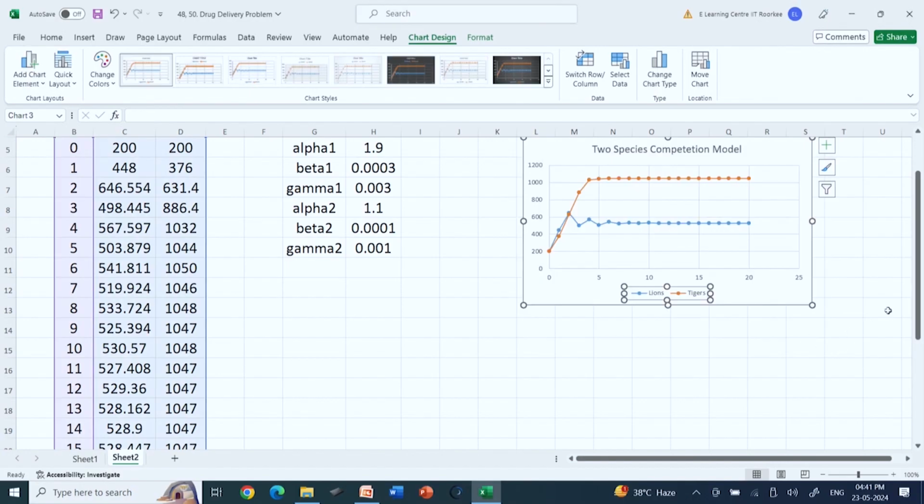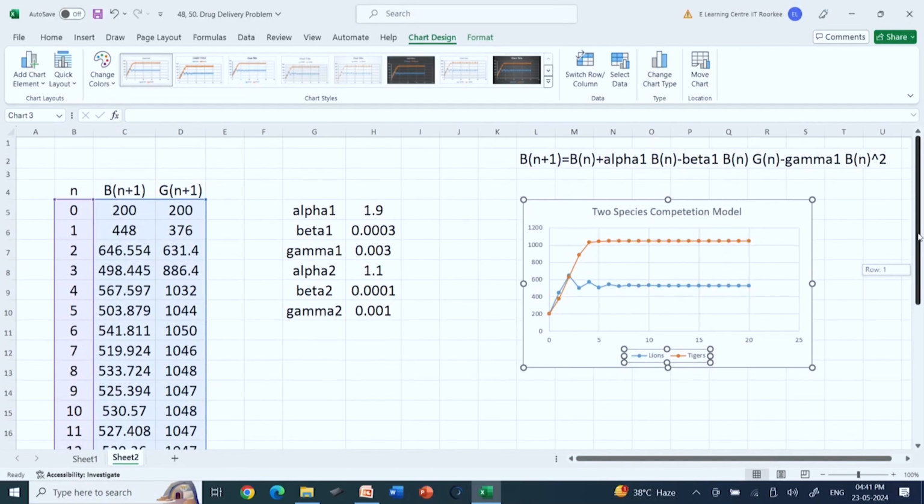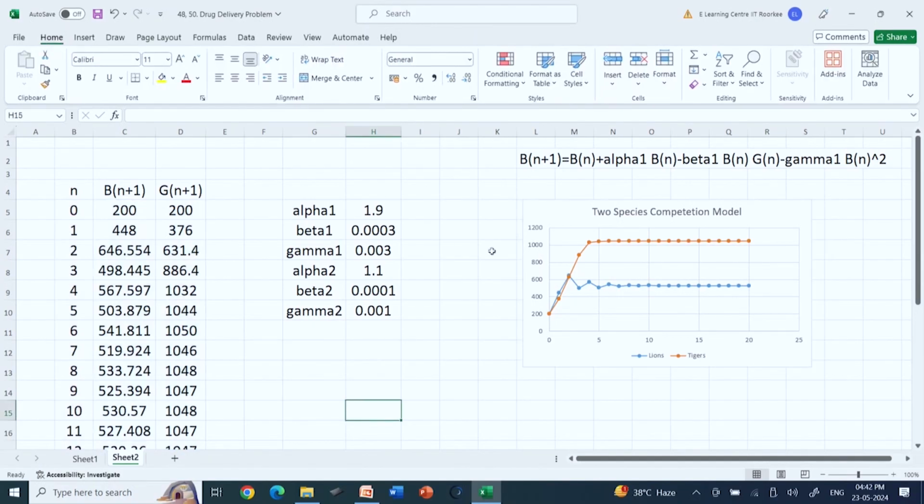From the graph you observe that for this particular set of parameters, both the species survive, though they have a competition between them.